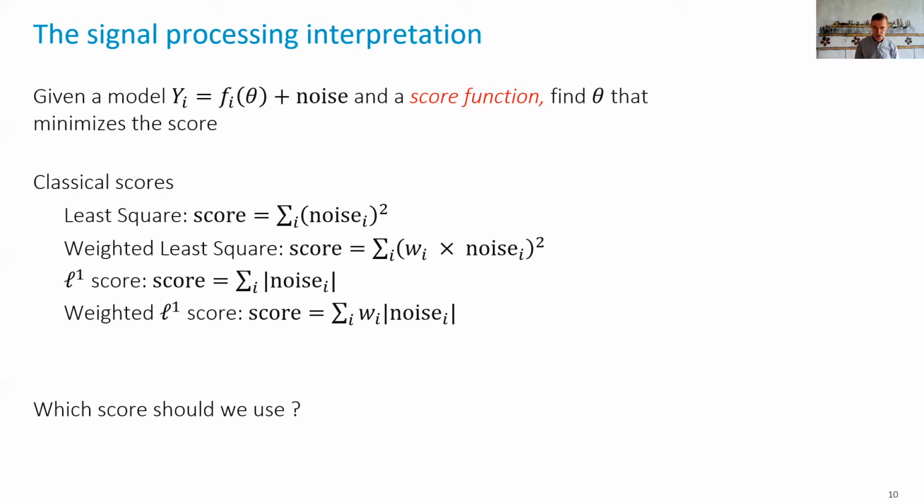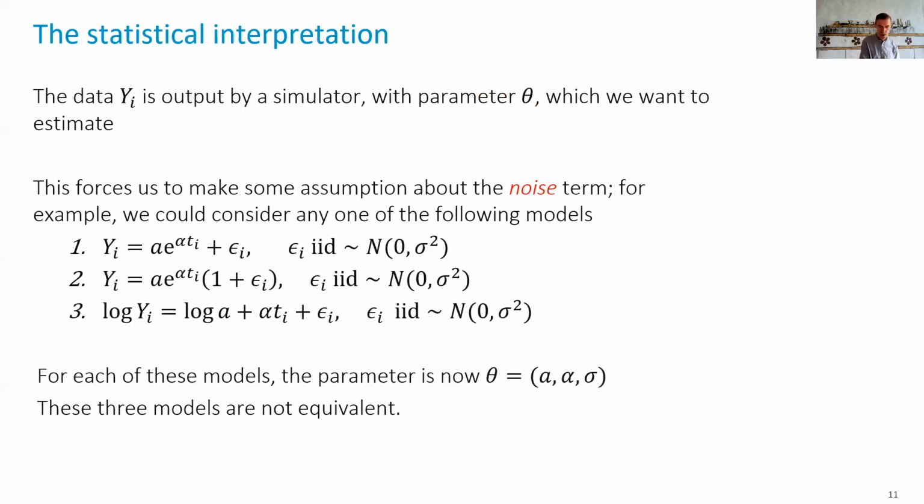That, of course, always works well, but there is perhaps a smarter interpretation if we have enough leverage on our model, which is to use a statistical interpretation. The interpretation that statisticians use is that the data that we see is the output of a stochastic system, which in our terminology, in a computer science view, is a simulator.